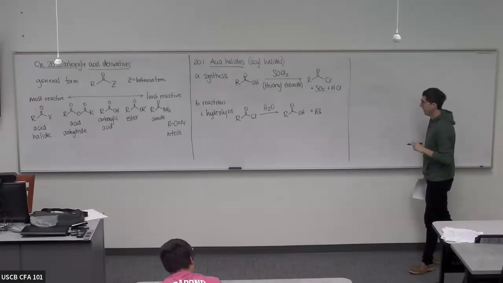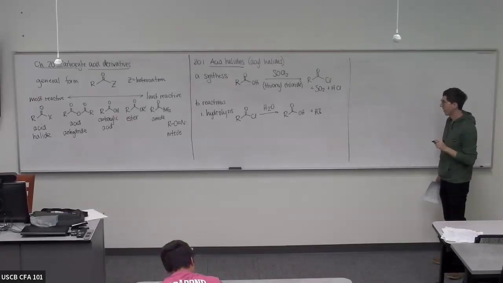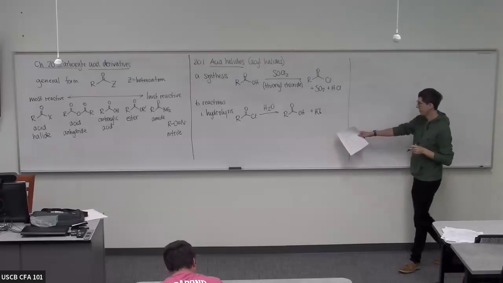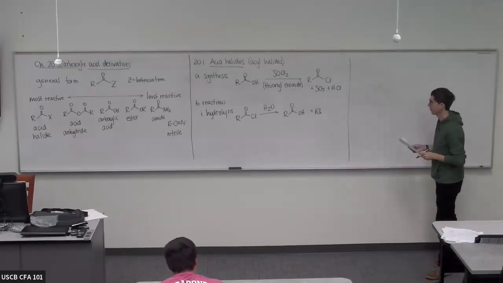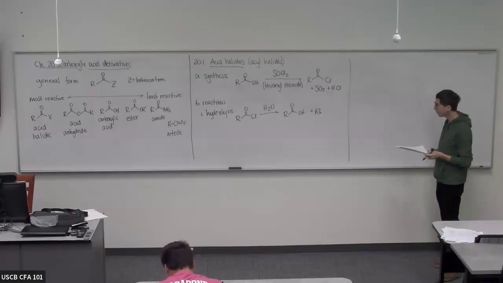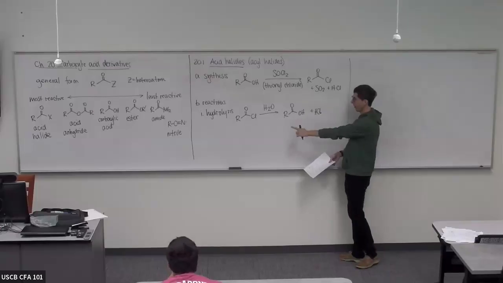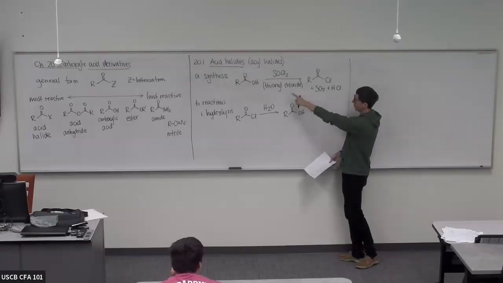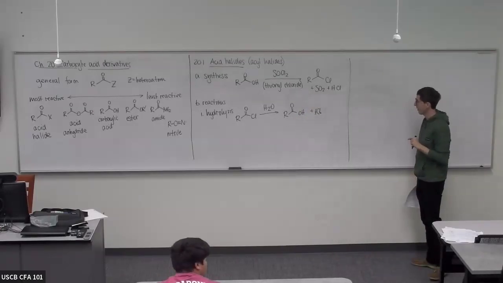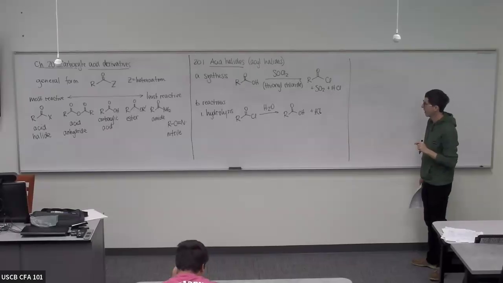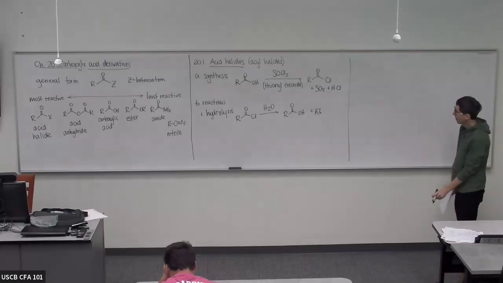And that gives you the acid back and hydrochloric acid, but a lot of times this just bubbles out as hydrogen chloride gas. Okay, so this is generally pretty annoying because we've just gone through all this business to make our reactive acid halide, and now if we let it get wet, it's just destroyed.